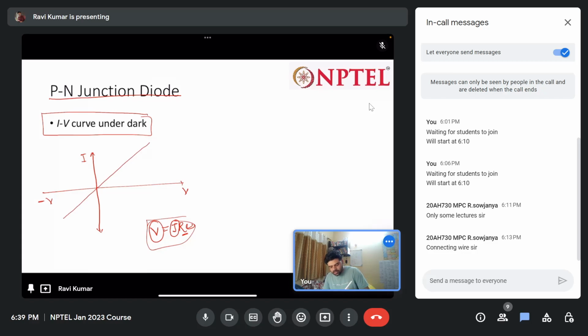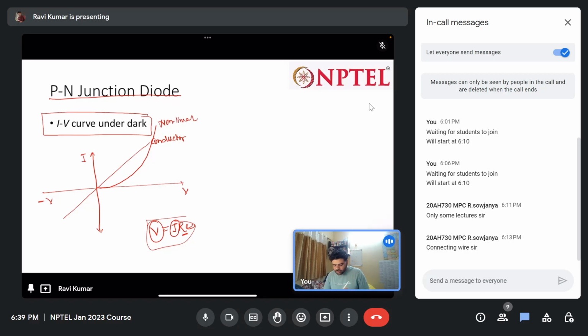This is our conductor. But in case of a diode, it is allowing some current to flow in forward, but it is non-linear. It is not linear in nature. And in the reverse bias, it is not allowing current.